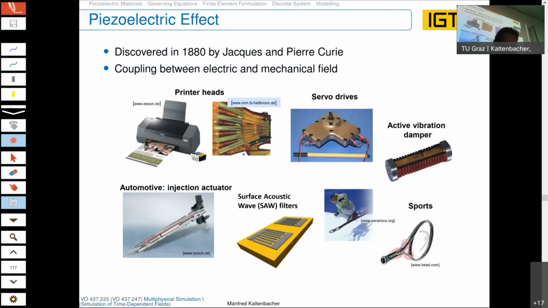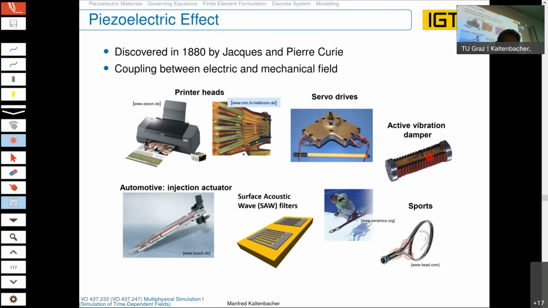So there are a lot of applications, and from my point of view, I just have collected some of them, as you can see here. And this is, for example, the printer heads, piezoelectric actuators, or even a servo drive is shown here. Here is a piezoelectric stack, as we call them.